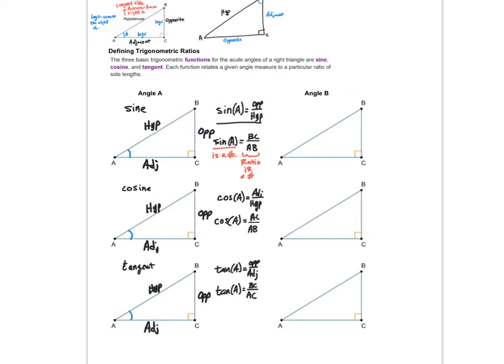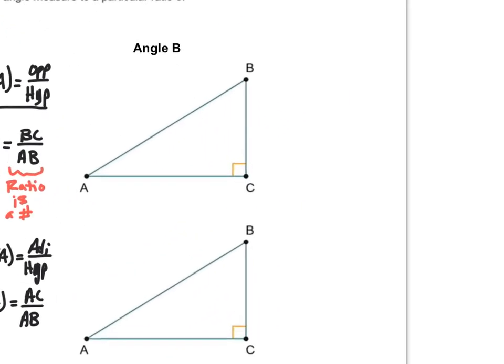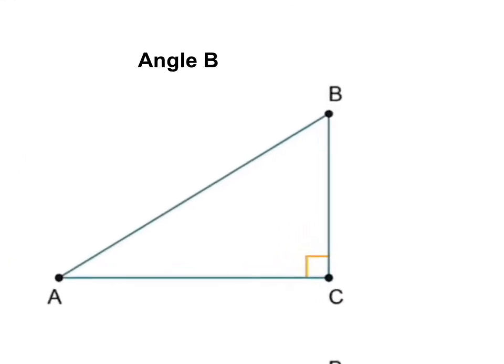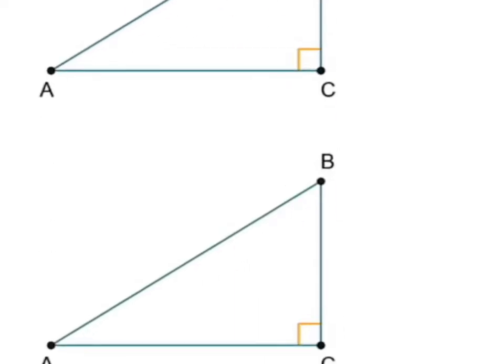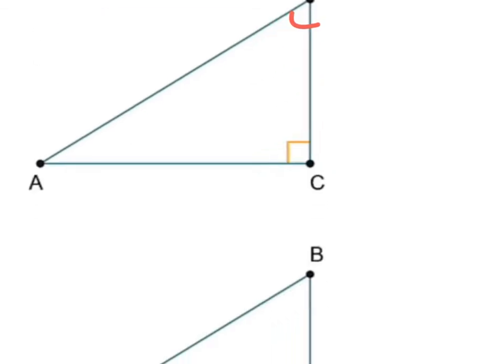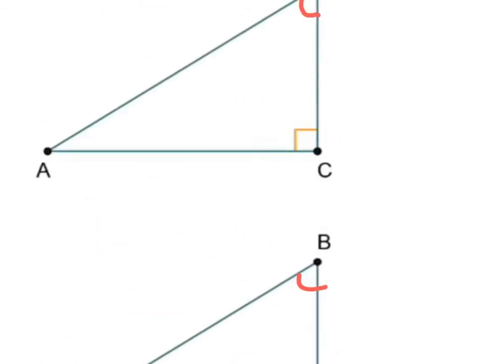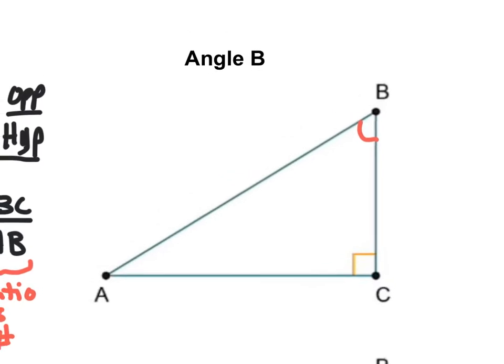Now let's look at angle B. Let's switch this up. I'm going to label this my angle B, and I'm going to do that for all of my angle B's. Now, for angle B, this is my hypotenuse, and given angle B, my legs change.